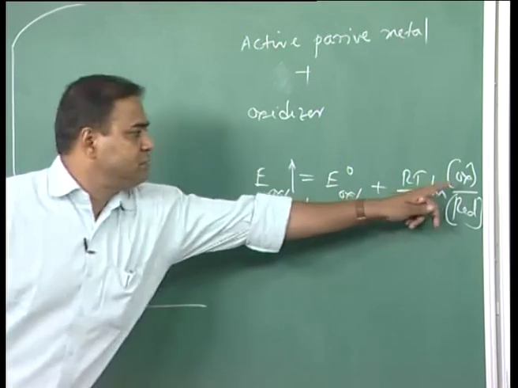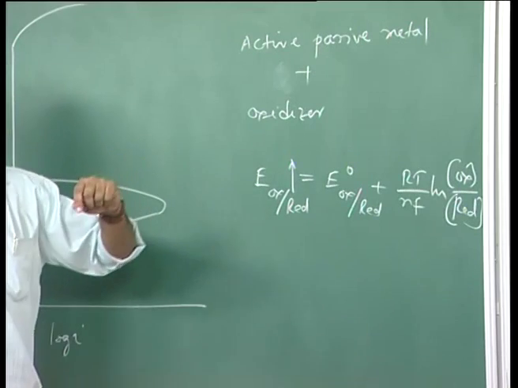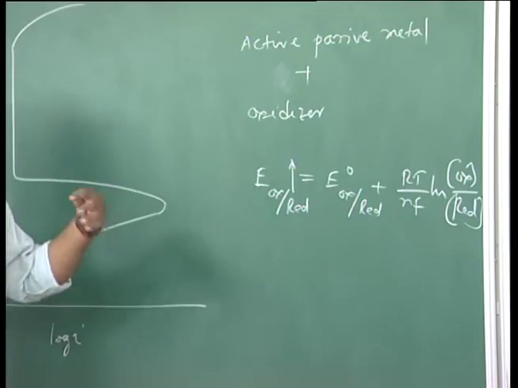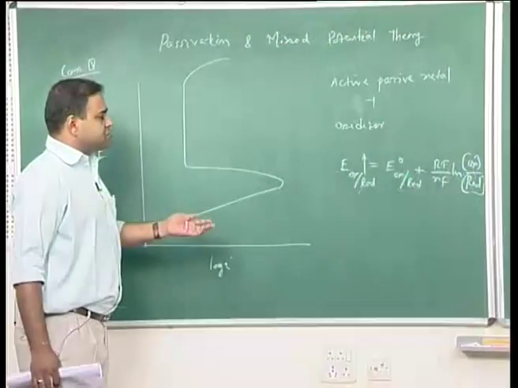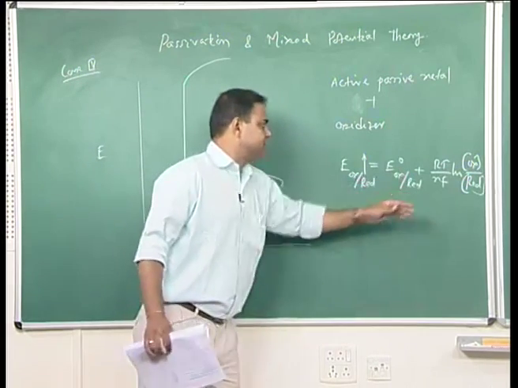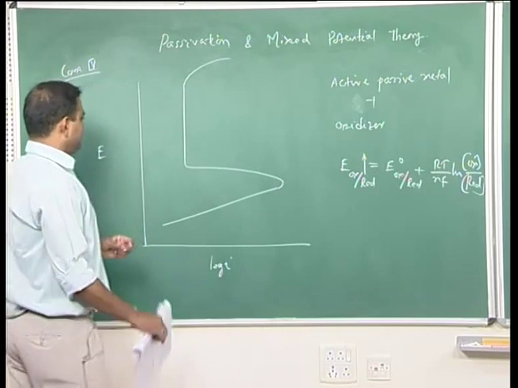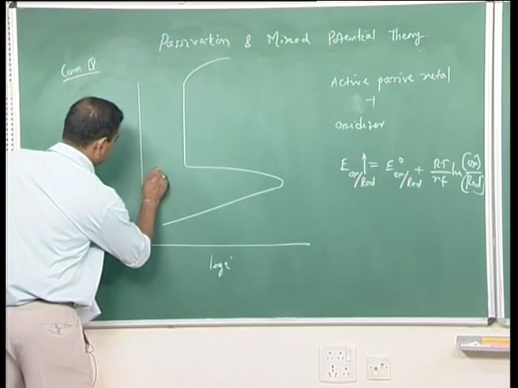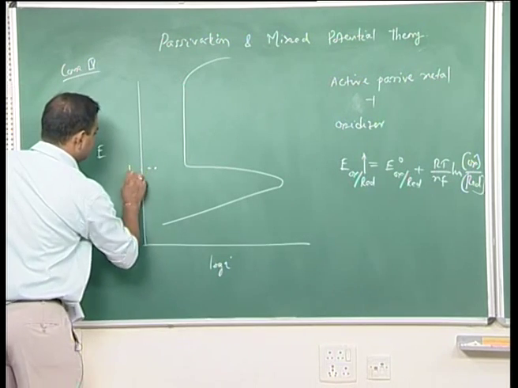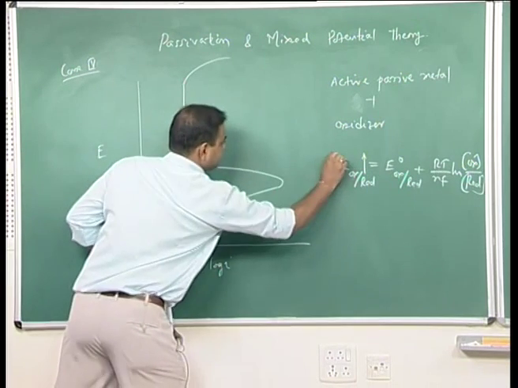If it is at 1, no problem, the reduction potential would be equal to the reduction potential at standard state. But if you keep increasing the oxidizer, and let us say you have started with the concentration of oxidizer at a much lower value, and you keep increasing this, this potential will keep moving up. So, initially I have started with some concentration where my potential is basically this.